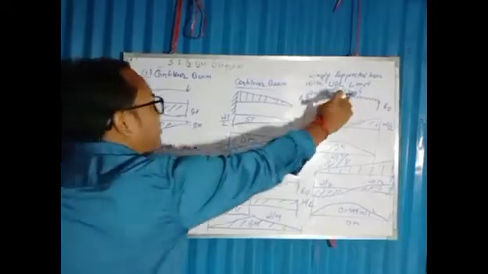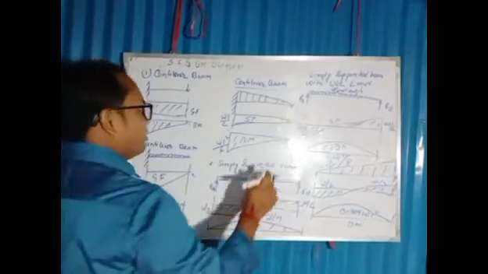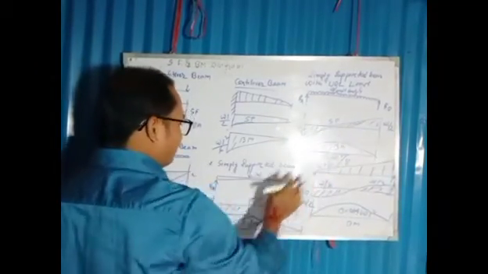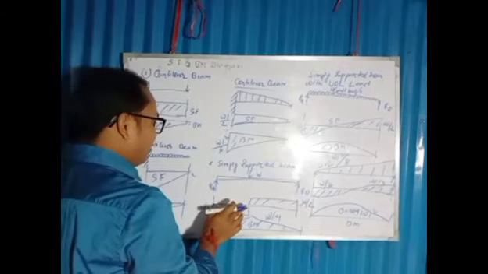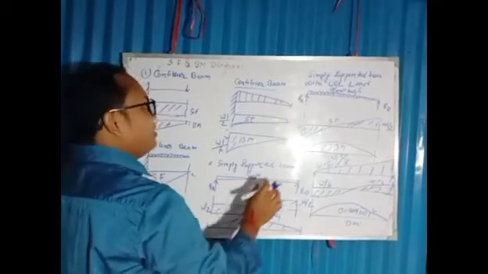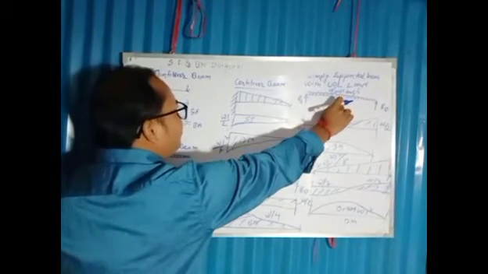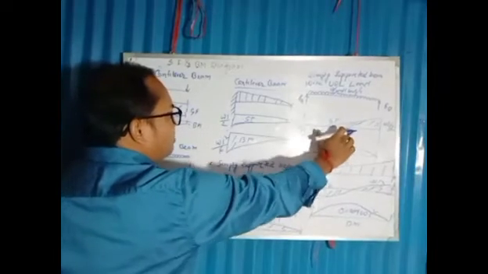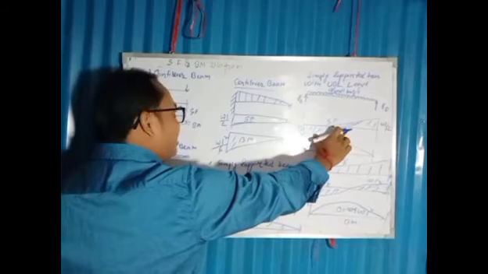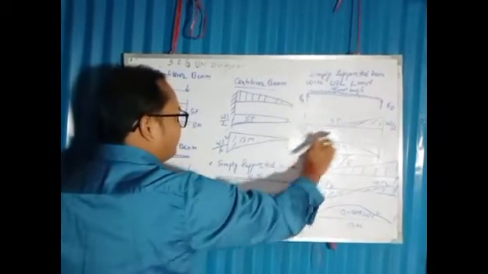Next, we can see the simply supported beam with the UDL load. In the case of the point load, the shear force diagram was a rectangle, but in the case of the UDL load, the shear force diagram is a triangle, changing sign at the midpoint from positive to negative.